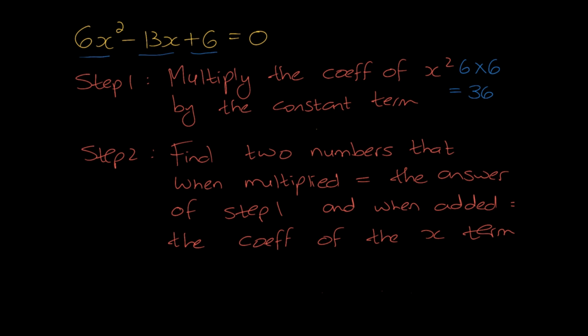In step 2, we need to find two numbers that, when multiplied, equal the answer of step 1, which was 36, and when added, equal the coefficient of the x term. I'll give you some time to think about what those numbers could be.